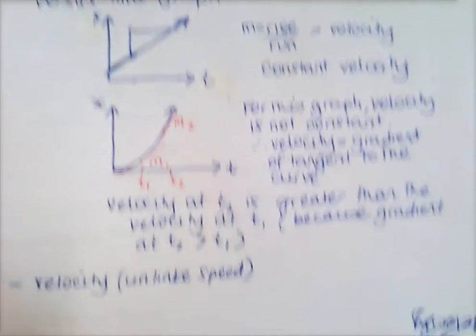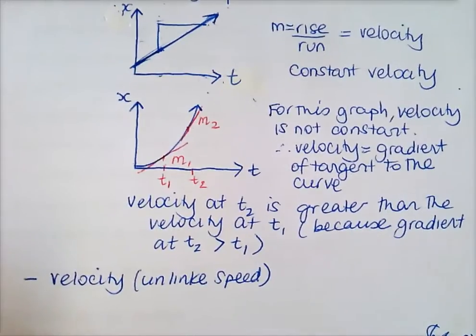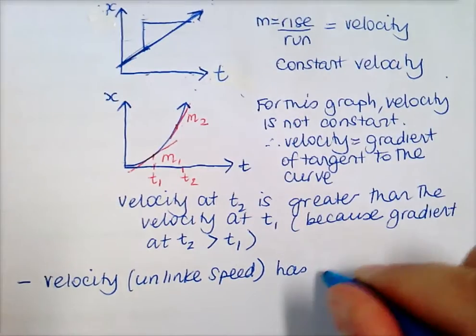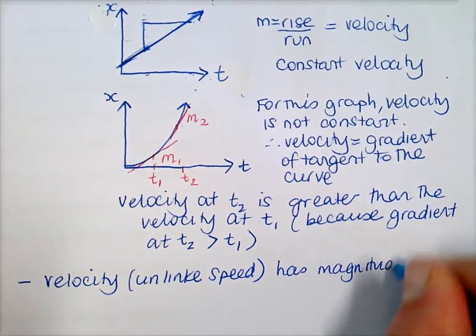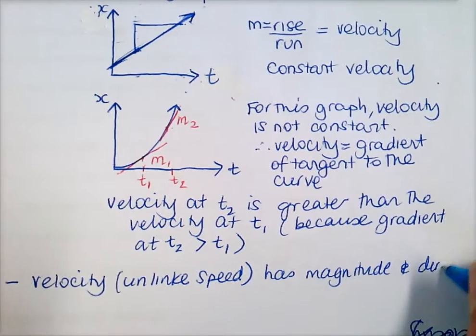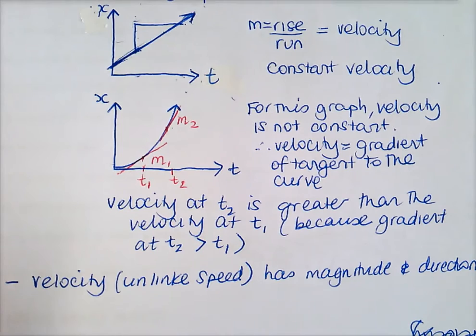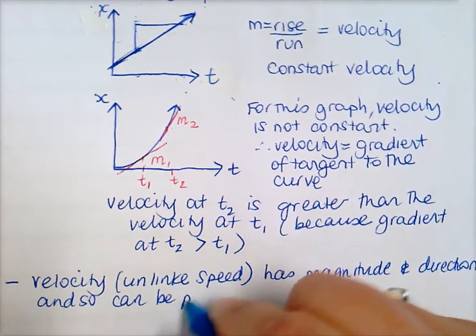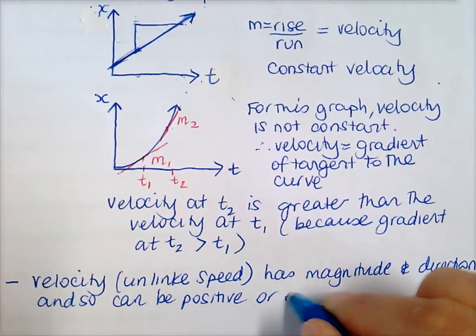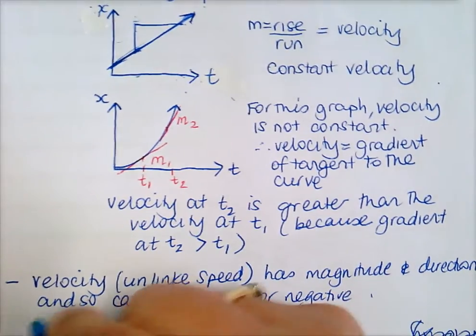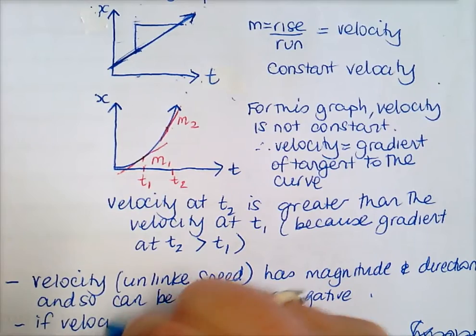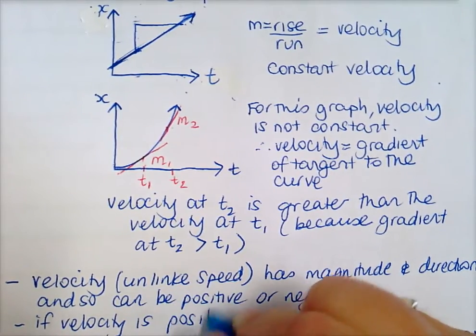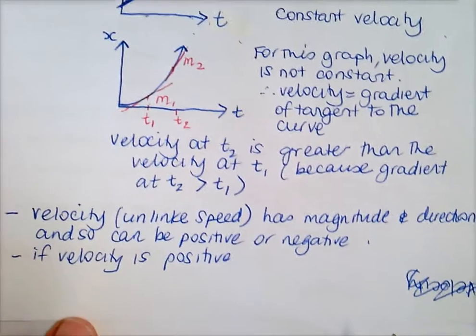Now, velocity, unlike speed, has magnitude and direction, so it can be positive or negative. If velocity is positive, which way are you travelling?